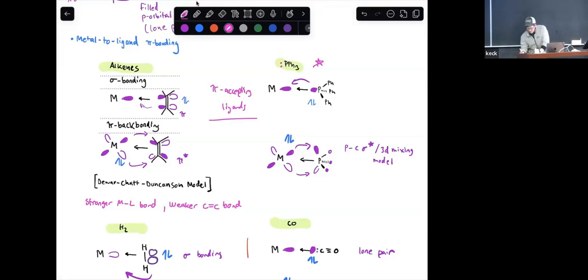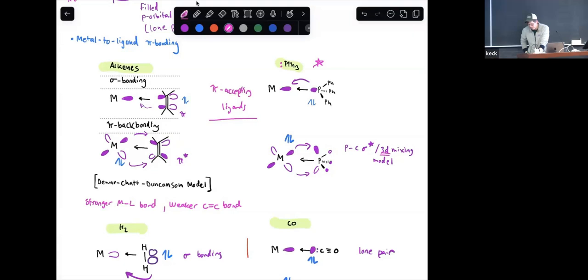Well, at first glance, you might think that it's this unfilled 3d orbital on the phosphine, and you wouldn't be wrong in thinking that. But if I told you that wasn't totally right, then you might second guess, okay, maybe it's the sigma star antibonding orbital of the phosphorus aryl, or the P-C bond.